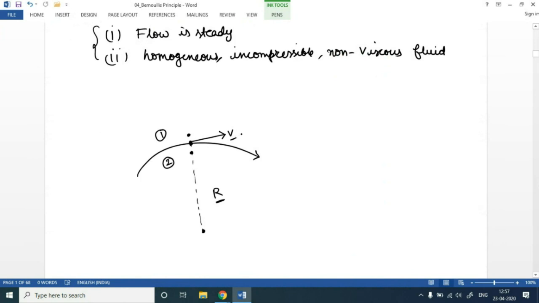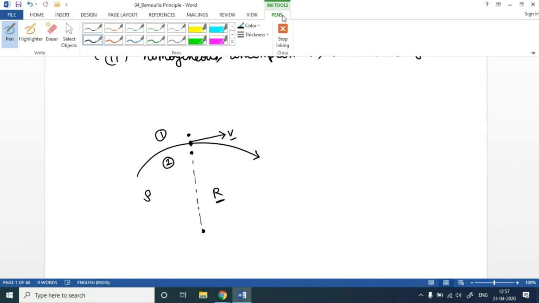Apart from that, the density of the liquid flowing through that streamline, rho, is given. Points 1 and 2 are very near to each other, and very near to the streamline as well.